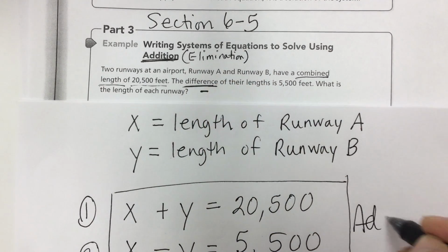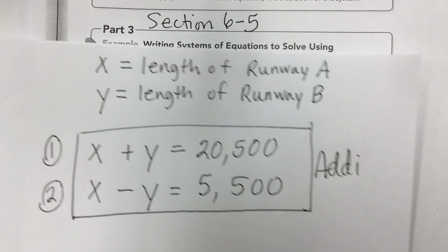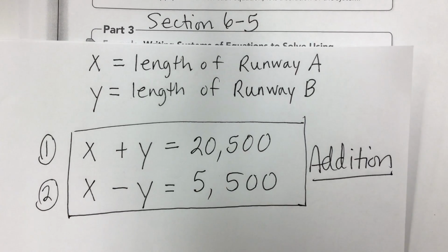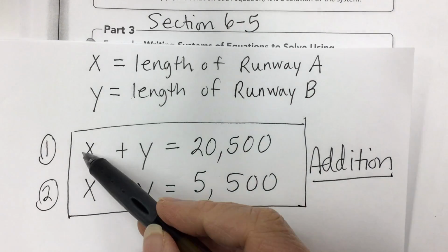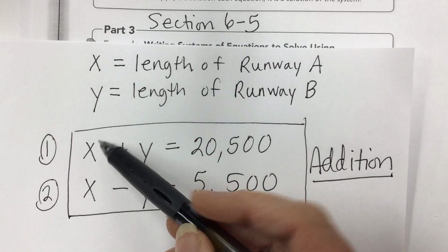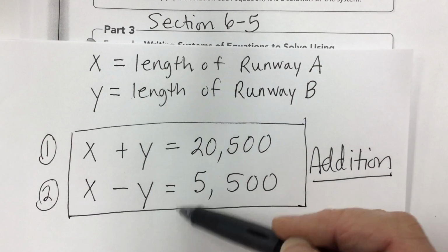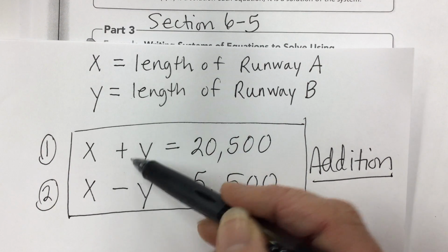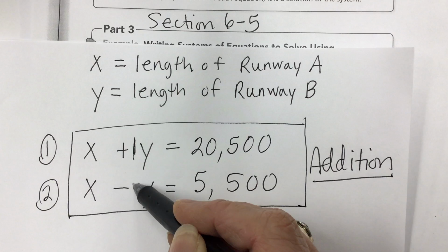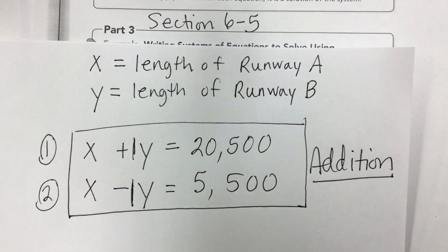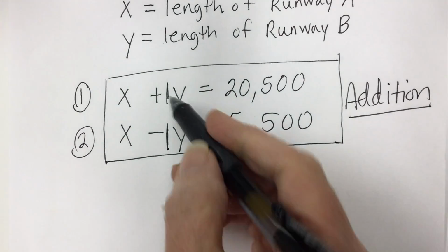To solve this system of equations, I'm going to use the addition method because I see that they're all lined up: x's are lined up, y's, equal signs and constants. When I look at my y's, one is positive 1 and one is negative 1, the opposite, therefore they will cancel. So the first thing I'm going to need to do is add them.